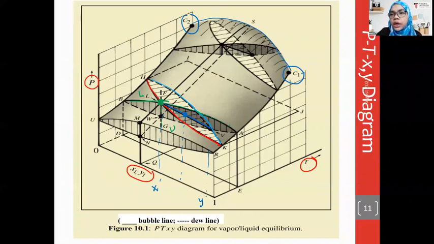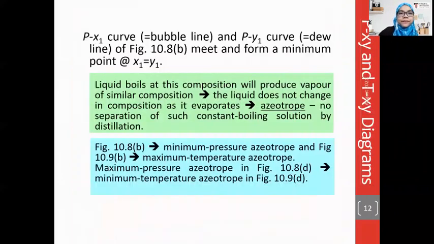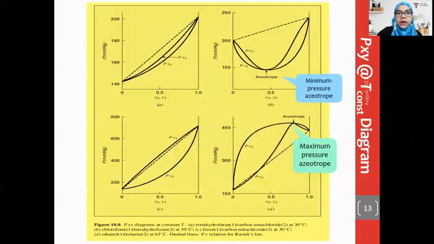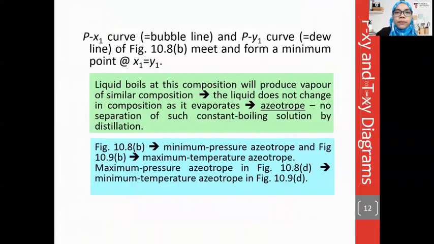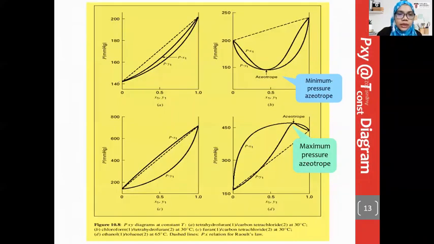There is a normal vapor-liquid phase in this region. Now the PX curve: this is the detail of the diagram here, with the PX1 and also Y1.